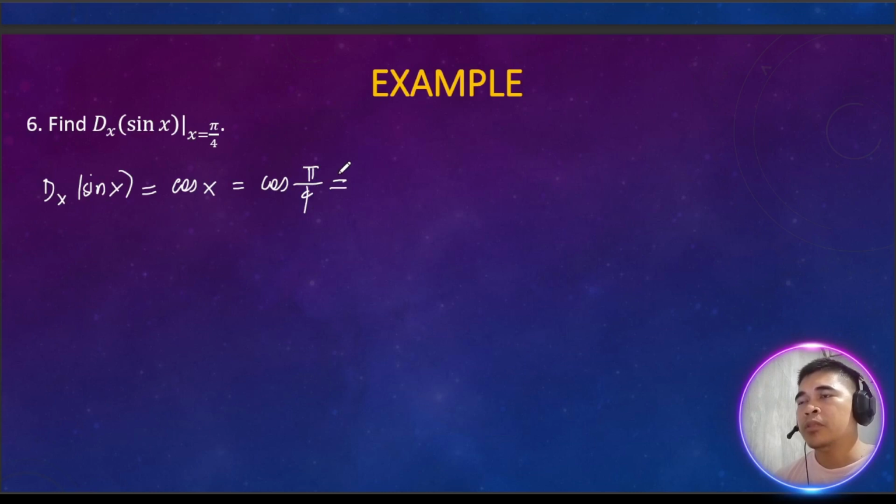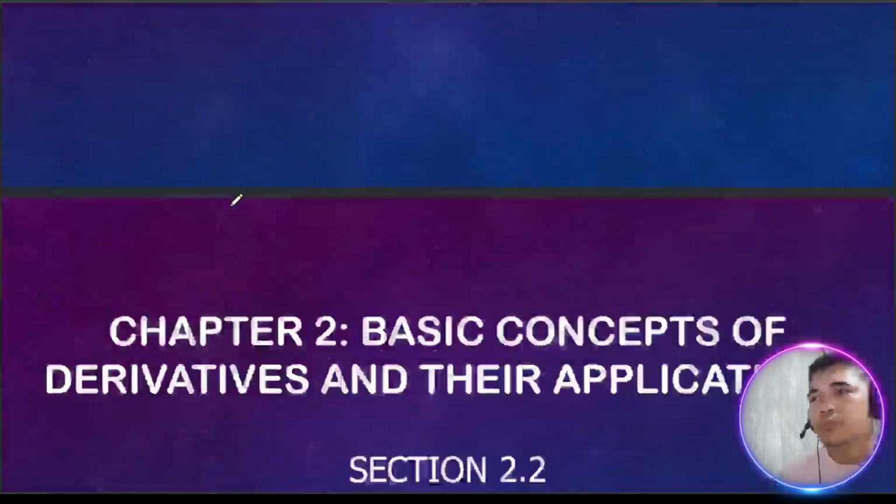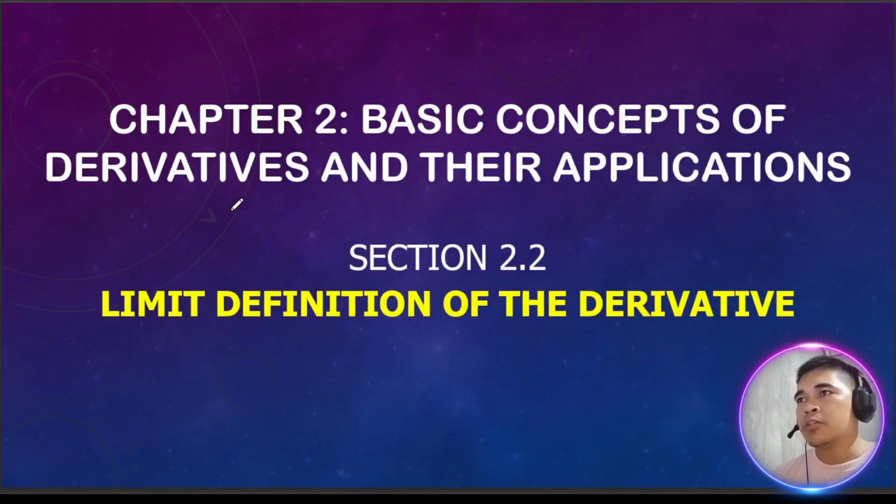Using the table, you can convert pi over 4 into degrees: 180 divided by 4 is 45. And if you look at the table, the equivalent is square root of 2 over 2. So, that is the final answer. That's all for our section 2.2, limit definition of the derivative.